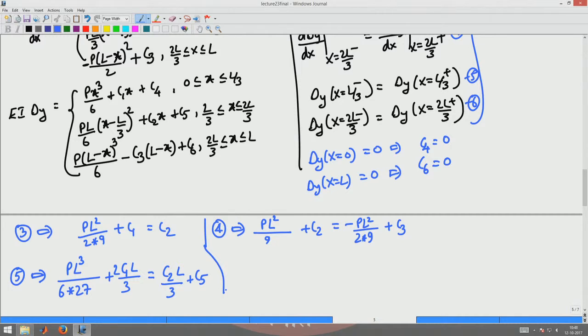Substituting L by 3 in the first equation, you will get this as the result.